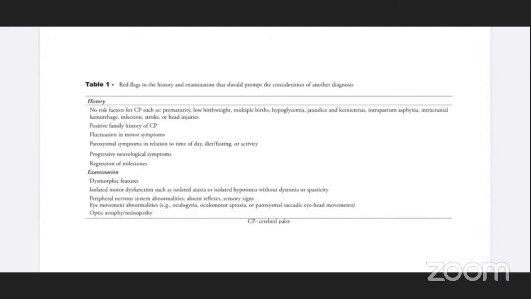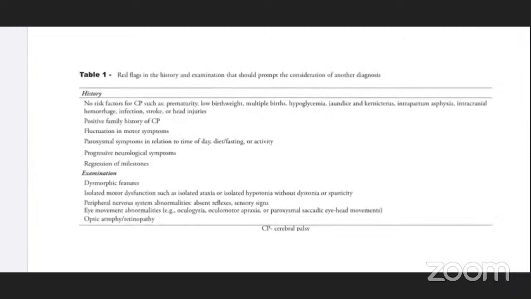Red flags include fluctuation in the motor symptoms, which goes opposite to the criteria; it should be static motor dysfunction. Others are paroxysmal symptoms in relation to time of day, diet, fasting, or activity, progressive neurological symptoms, and regression of milestones. We should keep these components in mind while taking the history.